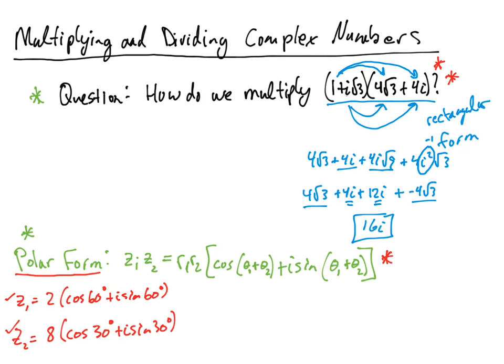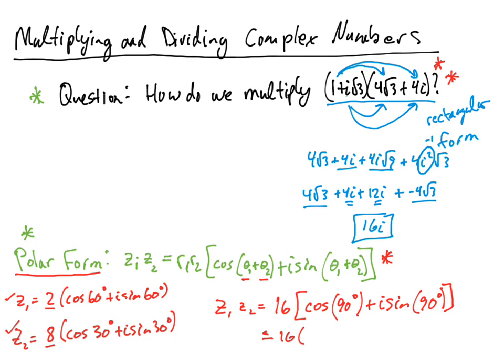So what we do, z1 times z2, so I'm going to multiply r1 and r2, so the r's are 2 and 8, so 2 times 8 is 16. Then we're going to multiply that by cosine of, well, now I add the angles together, so 60 plus 30 is 90 degrees, plus i sine, I'm always going to get the same angle for each of the arguments here.